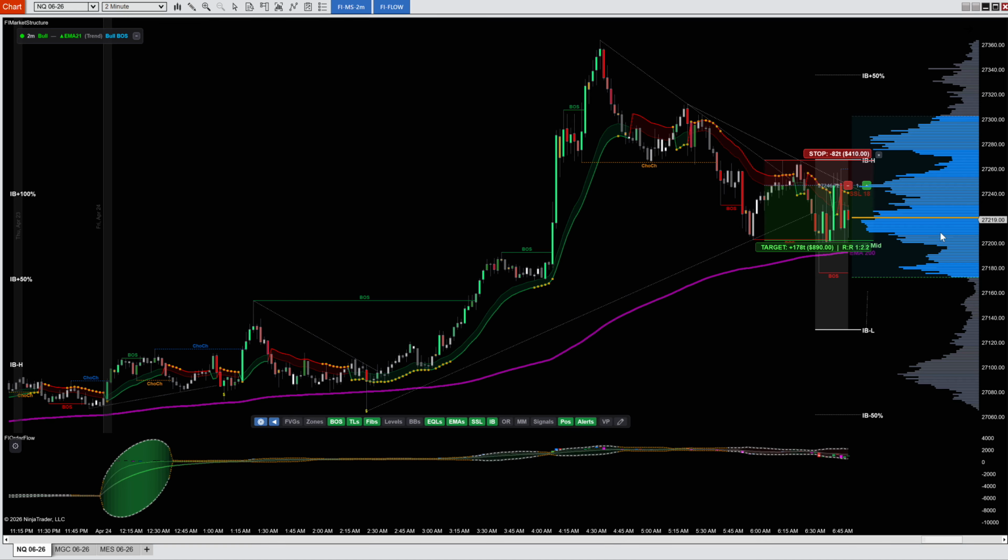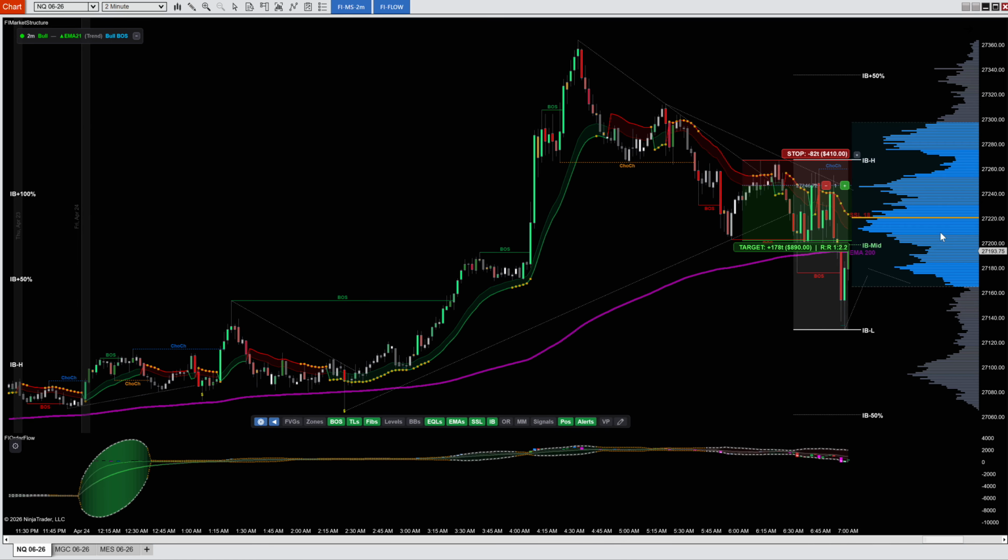If we scroll here, you would have got that next break. Actually, yeah, the break of structure would have been right here. So you would have targeted that low. And as soon as you get the break of structure, you're trailing, basically moving your profit. So you would want to trail at that point.